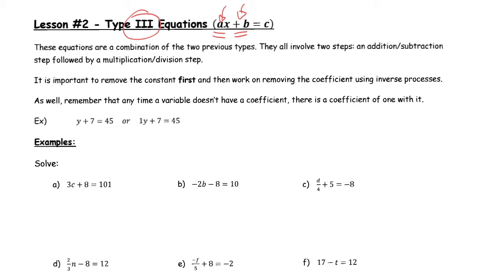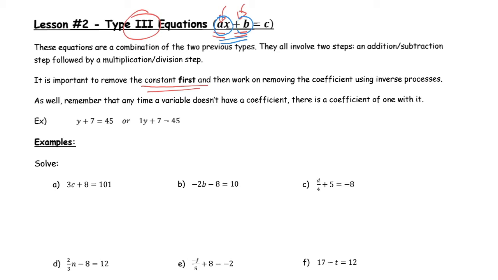In order to do this, the first thing we're going to do is remove that constant. In these types of questions, we've got two terms on the one side of the equation where the variable is, and the variable in this case would be the x. A and b both represent numbers here. Our first goal is to remove the term without the variable, and that's going to require the opposite or inverse operation to the addition or subtraction that we're seeing there.